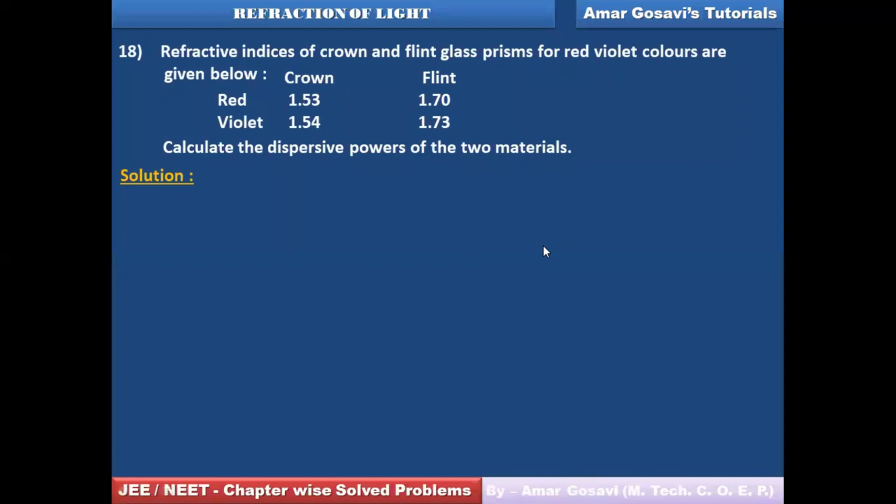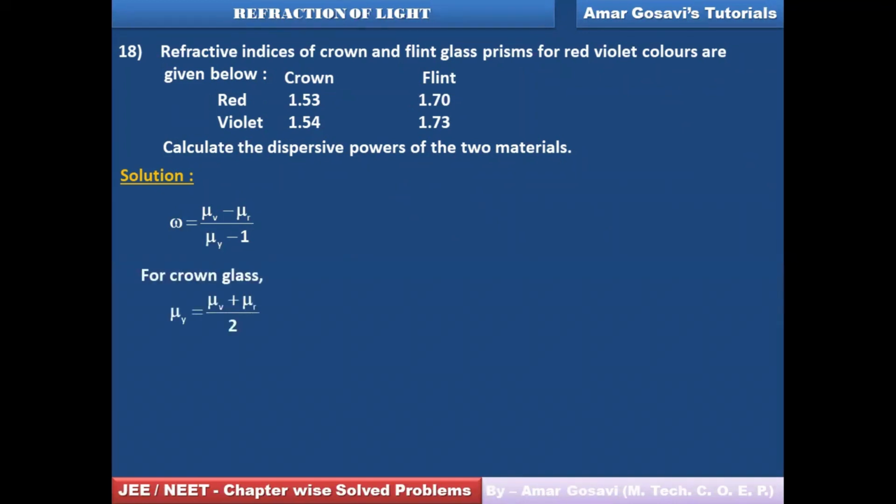In this question, they say the refractive indices of crown and flint glass prisms for red and violet colors are as given below. For crown and flint, the corresponding refractive indices for red and violet color are given to you. You're supposed to find the dispersive powers for the two materials, crown as well as flint. We know the formula for dispersive power: omega is given as (mu violet minus mu r) upon (mu yellow minus 1).